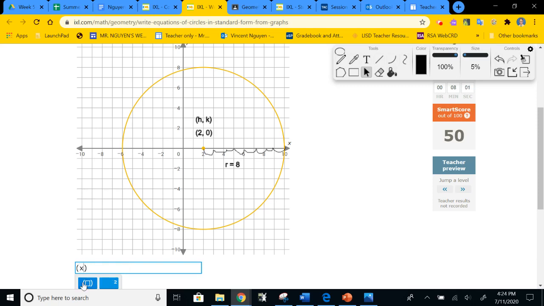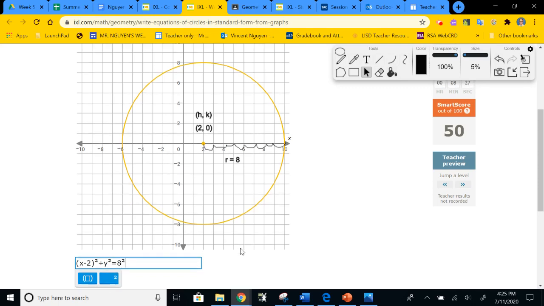Yeah, x and then minus 2, because the formula says minus, and then get out of there, square it, plus. Usually I would write y minus something squared, but since k is 0, I don't have to write anything, so I can just write y squared. And then equals 8 squared. Well, 8 times 8 is 64.